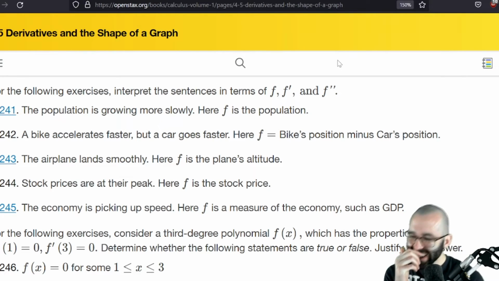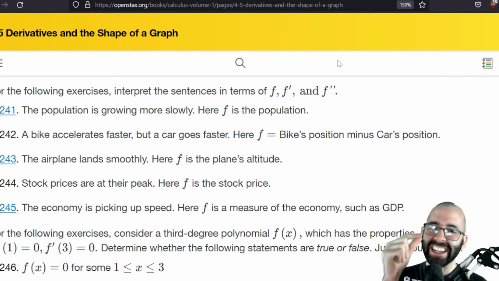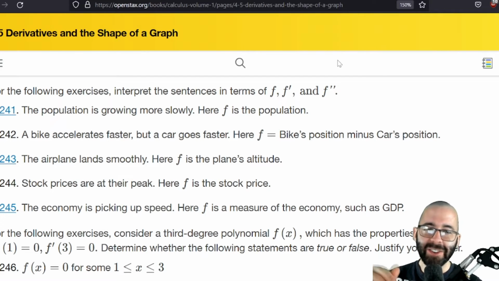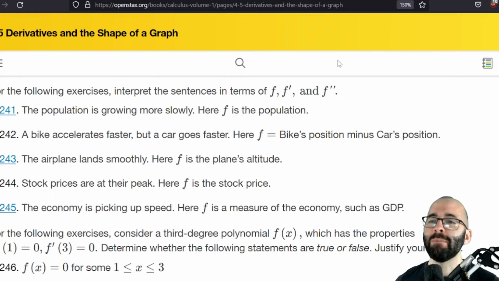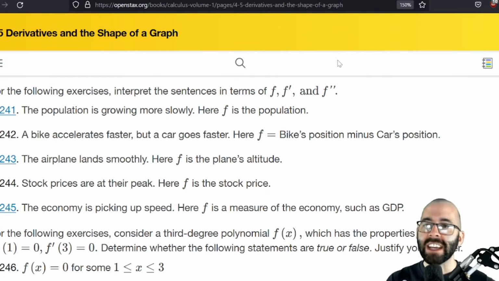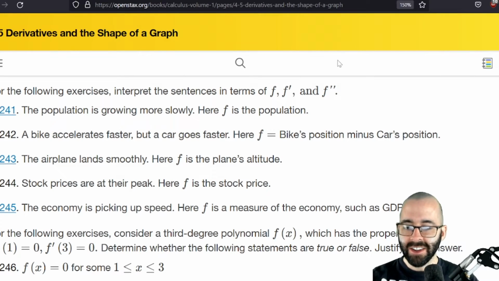I'm this close to taking this. I might cut the whole video and take this off of the homework problem. All right. A bike accelerates faster than the car. So the acceleration of the bike is bigger than the acceleration of the car. Let's write that down, okay? This is going to be fine.